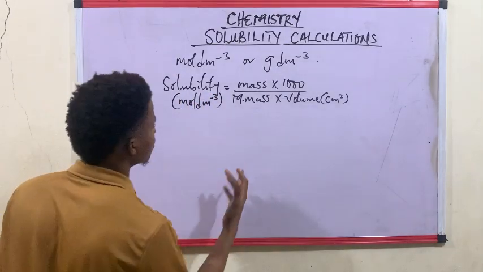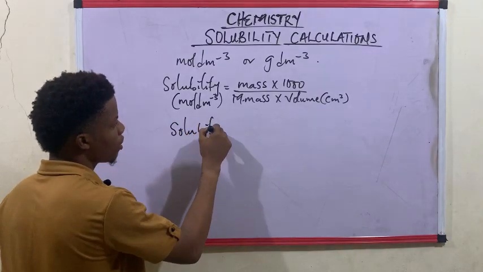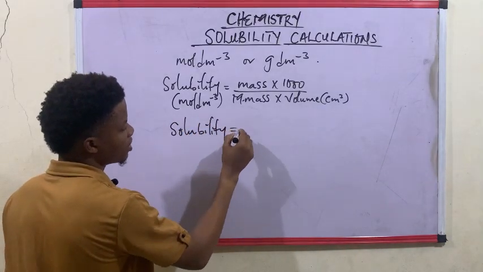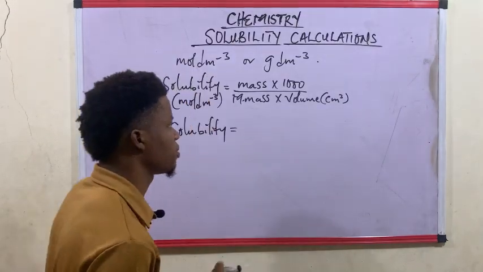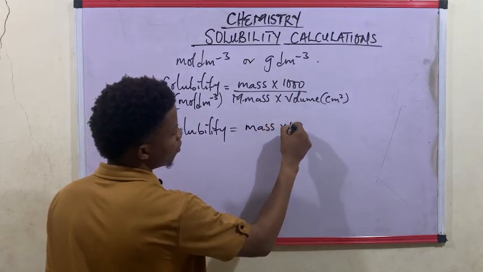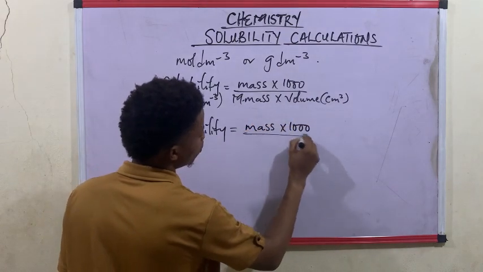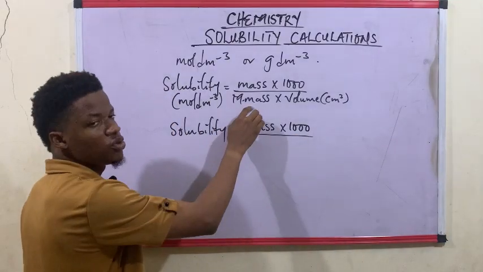However, if we want to get our solubility in grams per dm cube, how do we do that? Very simple. We have mass times 1000 all over volume in centimeter cube. Now, for solubility in grams per dm cube, we don't use the molecular mass.